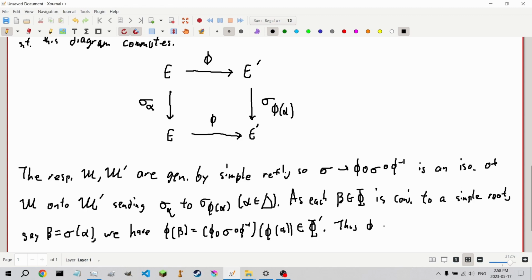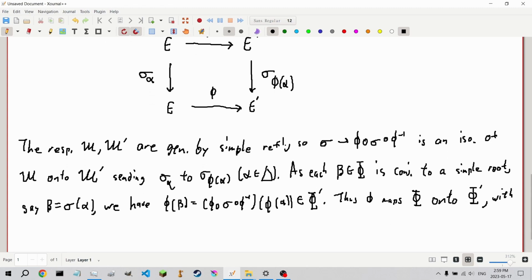And thus phi maps our first root system onto our second root system. With the reflection formula showing that phi preserves Cartan integers. And we're done.